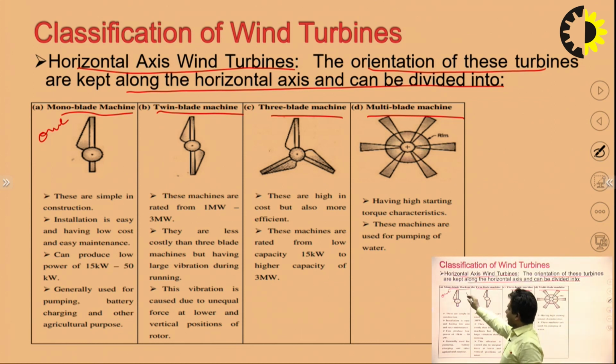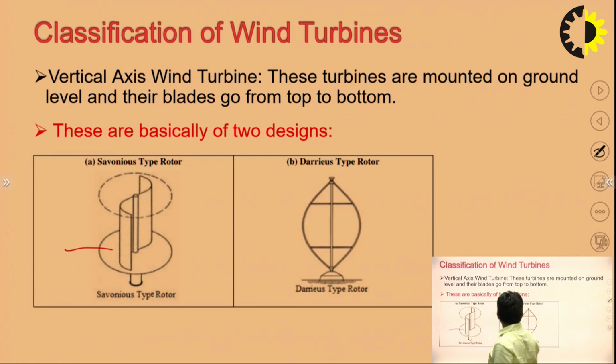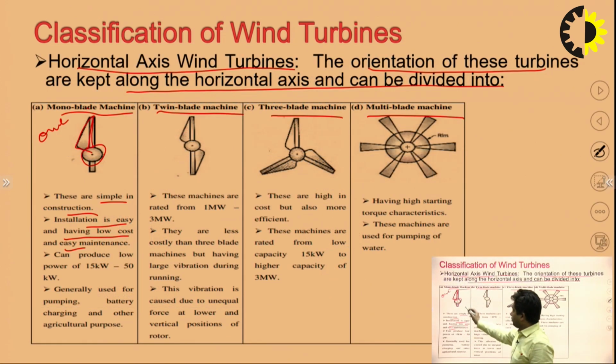So what can we do in the single blade or monoblade machines? These are very simple in construction. Installation is definitely very easy, with low cost and easy maintenance, because you have only one blade to maintain, and you produce energy from it, so the cost will be low and maintenance will also be low. It can produce only low power, so we have the advantage, and we also have the limitation. They can be utilized for the production of only 15 to 50 kilowatt, and these are generally used for pumping stations, battery charging and other agricultural purposes.